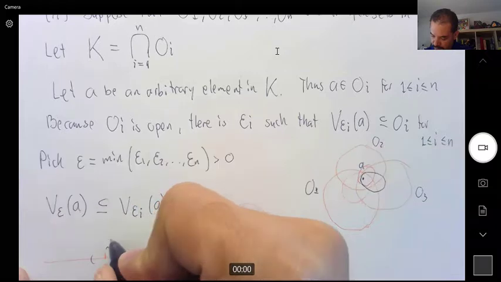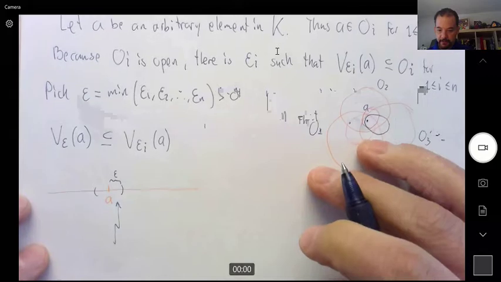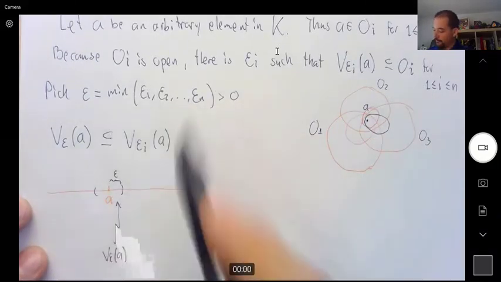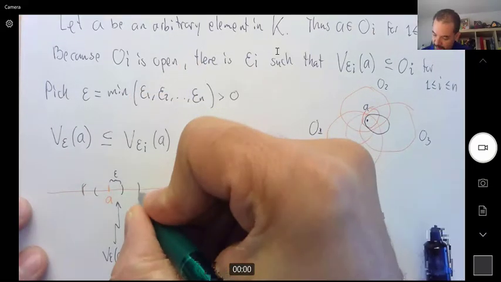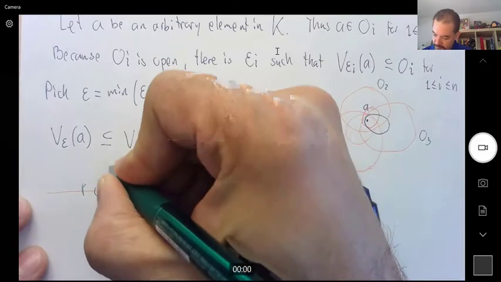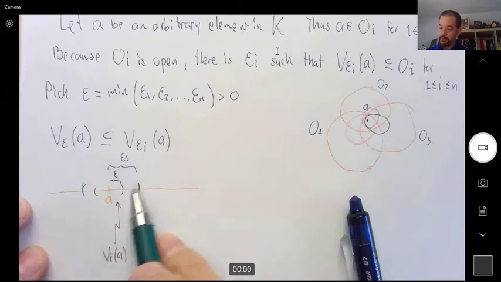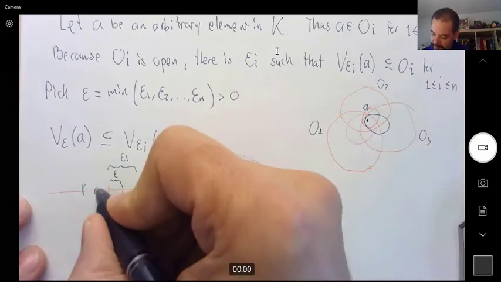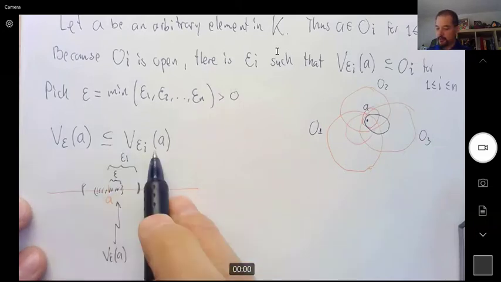If this is epsilon, this one over here is V epsilon of A. And because this one is the minimum, that one is inside V epsilon I, right? So this one is perhaps smaller, like in my picture, really small, or maybe it's the minimum, maybe it's a tie. But in any case, this little neighborhood for sure is inside this one, which is what I wrote here.